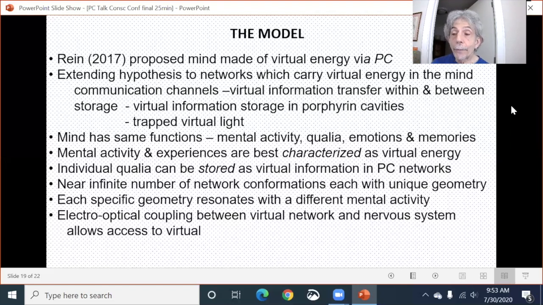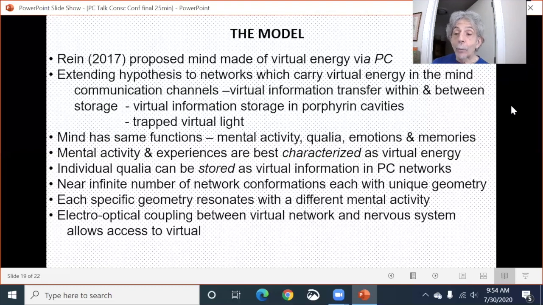And furthermore, that these networks can store virtual information in the cavities that we described earlier. Now, we all probably know in this audience what happens when you trap light, laser light, in certain geometries. Well, here we're talking about trapped virtual light. And I have not found any scientific literature on exactly what the property of a trapped virtual light source would be, but we can only imagine it would acquire new and exotic and interesting properties.